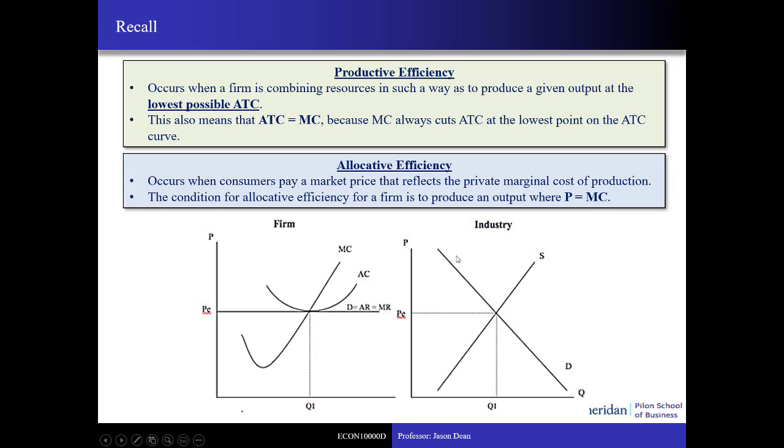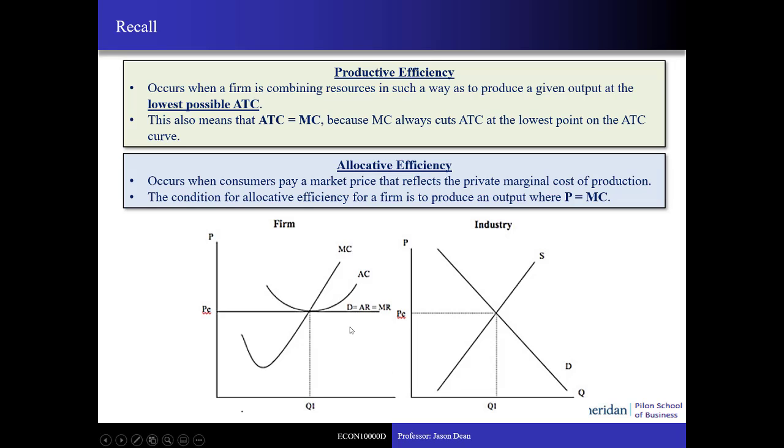So if you remember, when we're talking about allocative efficiency, we want to maximize total surplus, right? And so in that case, you need to have that the price is going to be equal to the marginal cost. Here, the supply curve would be the marginal cost. And so that's not going to happen in a monopolistically competitive industry, for similar reasons why it didn't happen for a monopolist.